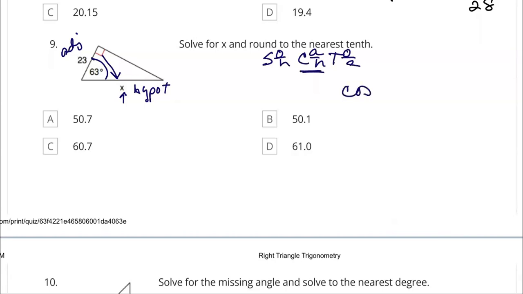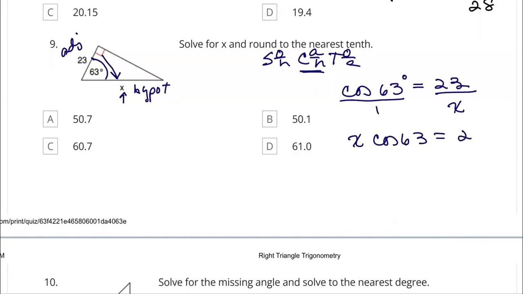So my setup is this. Cosine of the angle that's given, which is 63 degrees, equals adjacent, goes on top, over hypotenuse. Do your cross products and you're going to get x times the cosine of 63 equals 23. To get x by itself, you're going to divide both sides by cosine of 63.